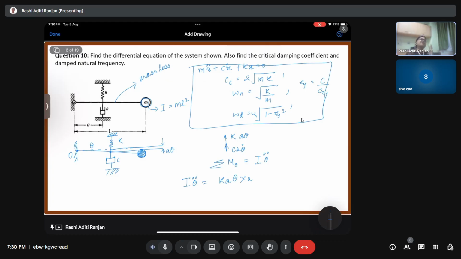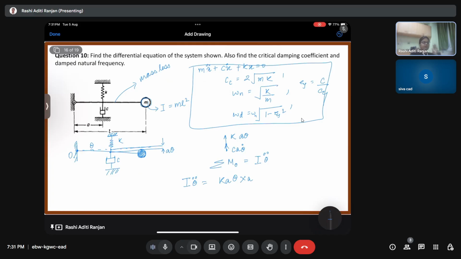Or we can consider this as, see, I hope that you people know that we have two equations. One is Newton's law that says that the summation of all the forces is equal to mass into acceleration, right? And then we consider the mass into acceleration as an inertial force.